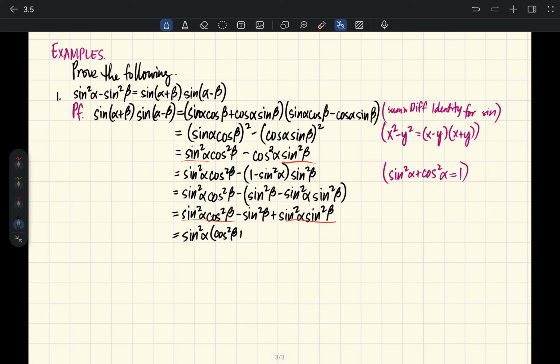So you have plus sine squared beta, then minus sine squared beta. And doesn't this look quite familiar to you? This one right here is just the same as this one. So this term is just equal to 1. And so we have sine squared alpha minus sine squared beta, which is exactly what we want to show right here. Okay?